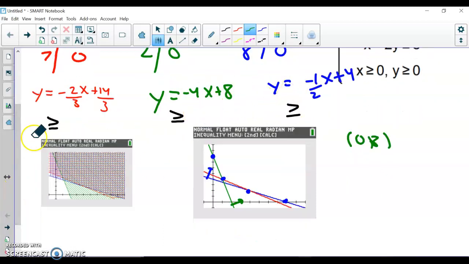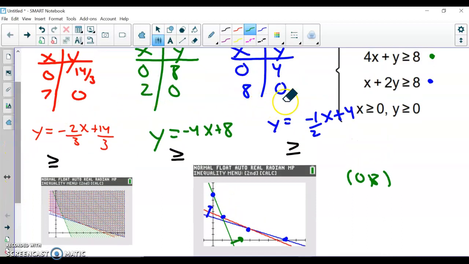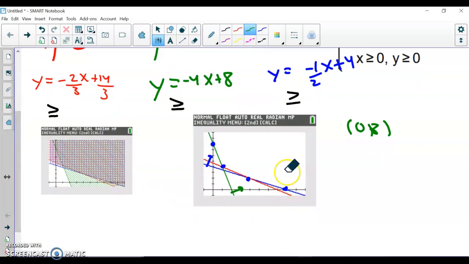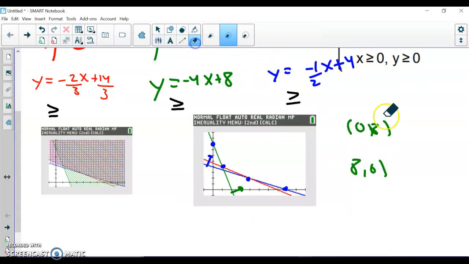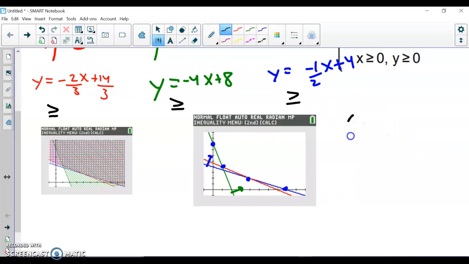We've already found the x-intercept in blue. It was 8, 0. So this corner down here is 8, 0. So we've got 0, 8 and 8, 0. I'm tempted to change the color of this. I'm trying to go for some sort of color code system here.